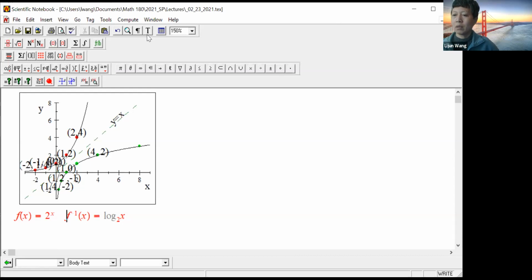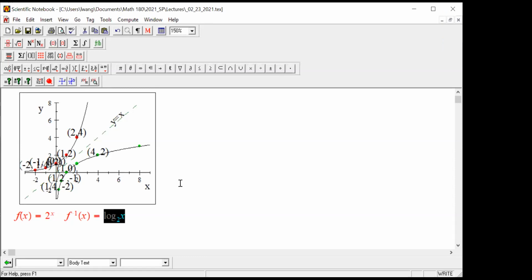This function you read as 2 to the power of x, and this one you read as log base 2 of x. They're both increasing, aren't they? Right?